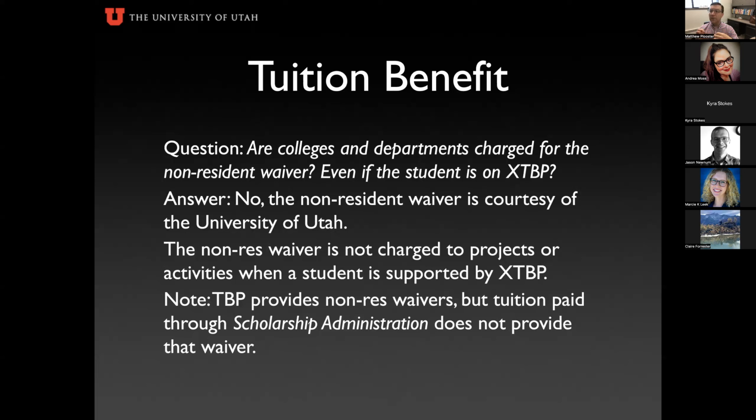The non-resident waiver, being a courtesy, is only through tuition benefit. If you decide to forego extended tuition benefit and simply pay all the tuition on scholarship administration, either the student or the department will be responsible for the non-resident tuition. So the waiver is only through extended tuition benefit or traditional tuition benefit.